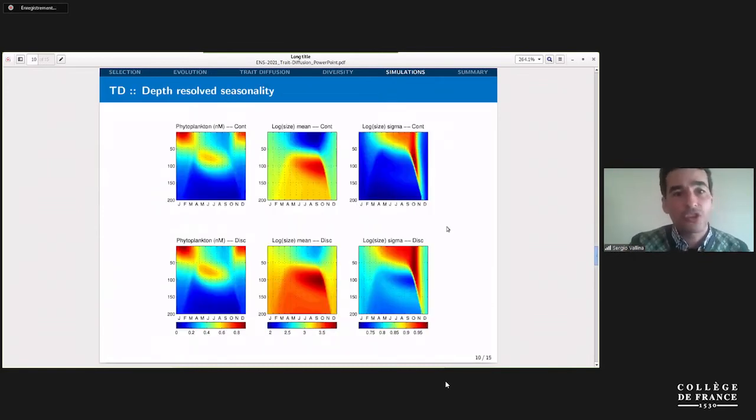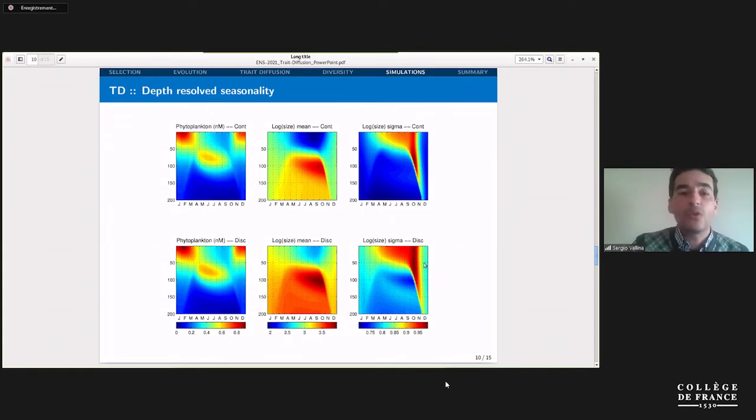These are the simulations you obtain with the 2 models in parallel. So the upper panels are for the continuous trait approximation, and the lower panels are for the discrete approximation. So the lower panels are the Darwin type model, and the upper panels are the approximation to the Darwin type model. We're going to take as the reality, even if it's also a model, the discrete case.